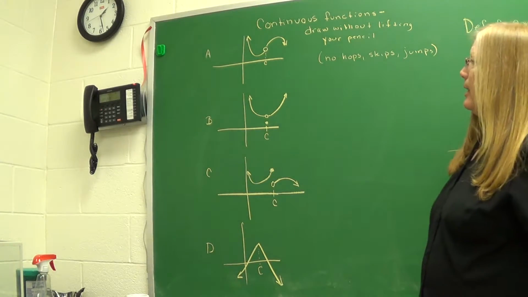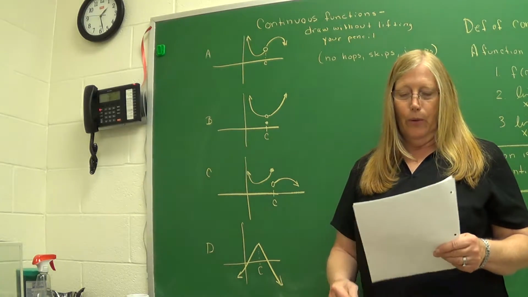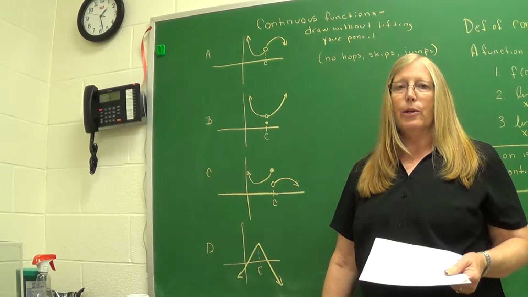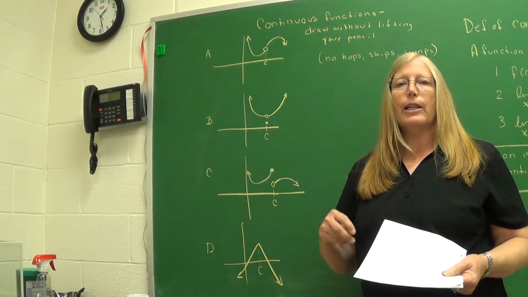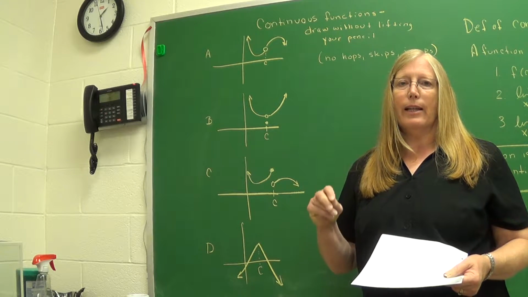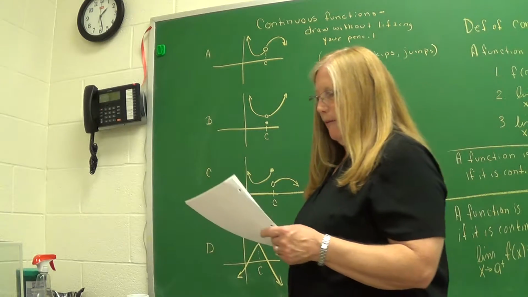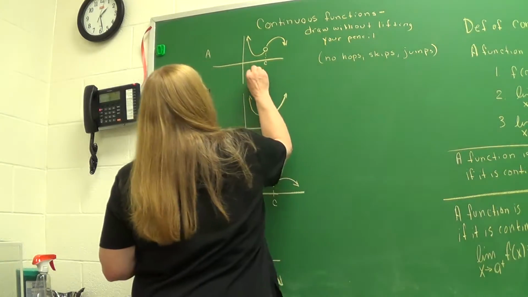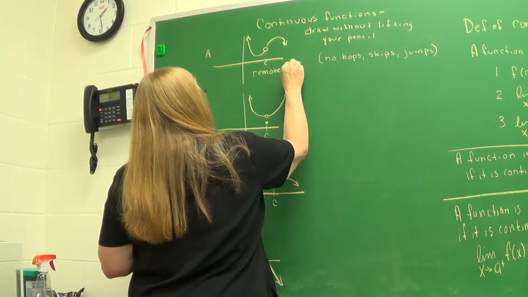Now, one of these is called having a removable discontinuity, and that is the one where the function can be rewritten very quickly to remove the hop, skip, or jump. So the one that has a removable discontinuity is this one.